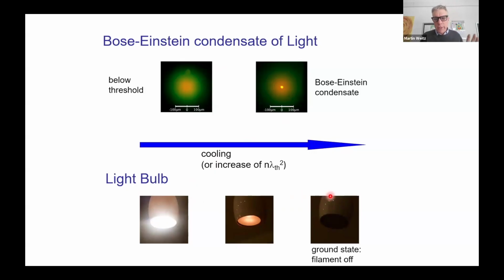In general, cooling and an increase of the density does the same. So in the case of the light bulb, photons just go away. But in this case, here we increase the photon number. We see a peak in the center, which corresponds to the BEC.